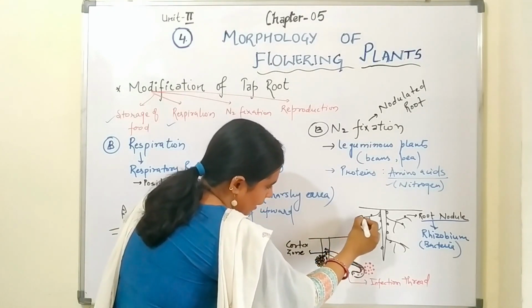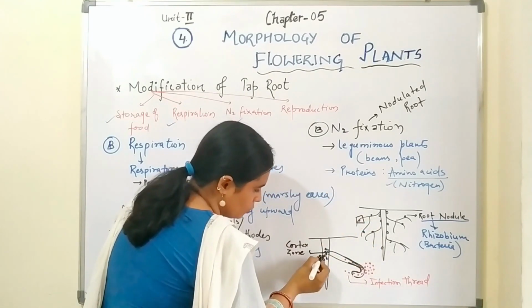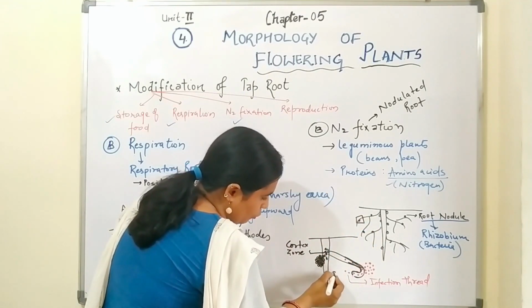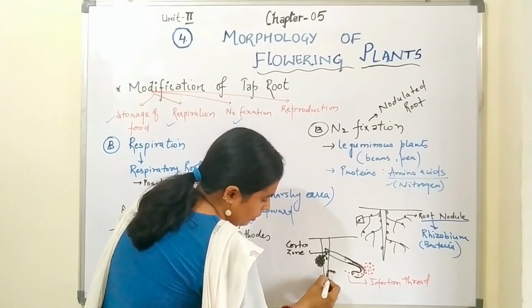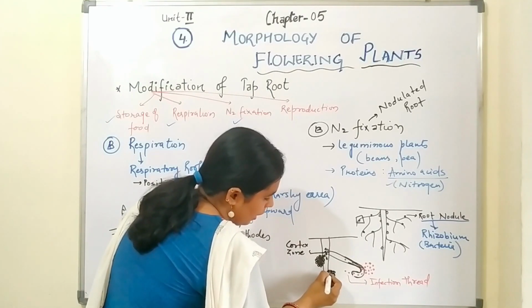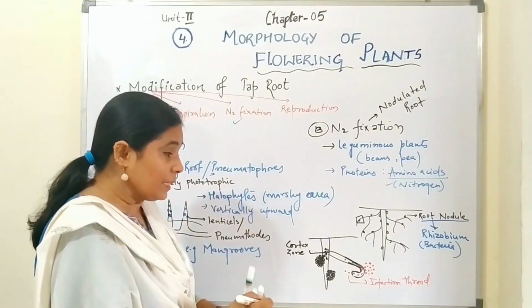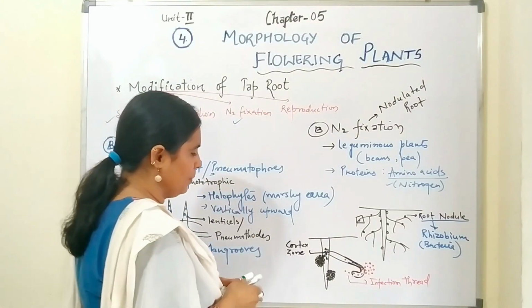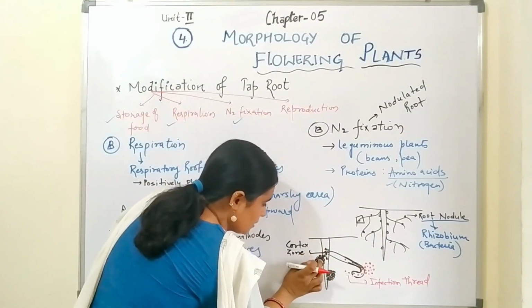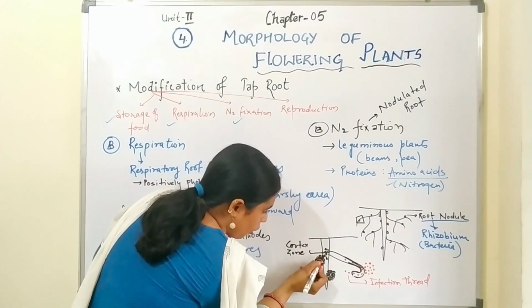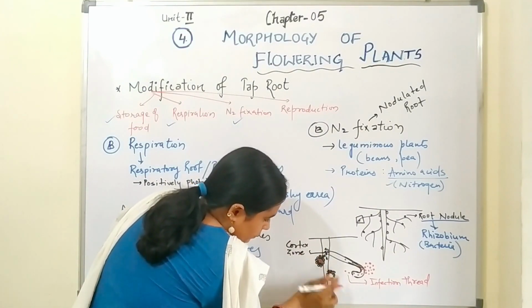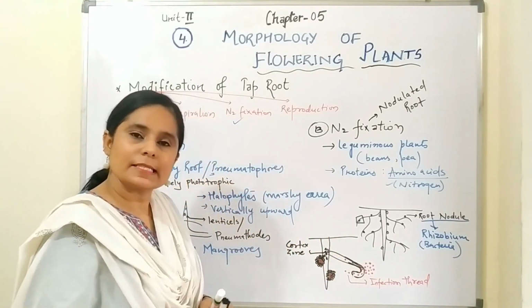Fine. So I have magnified this structure. So you will see the nodule formation will be there due to a sudden large amount of cell division. These bacteria, they will be in the center of the root nodule. Fine. The bacteria will be accommodated in the center.